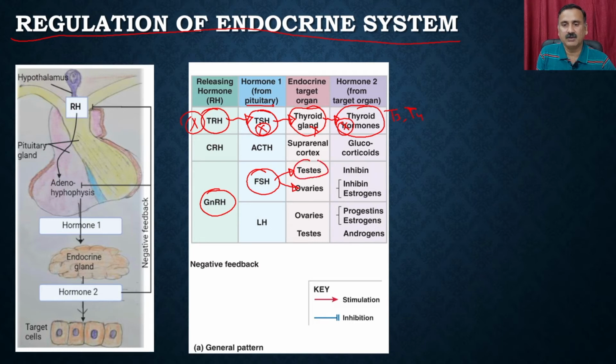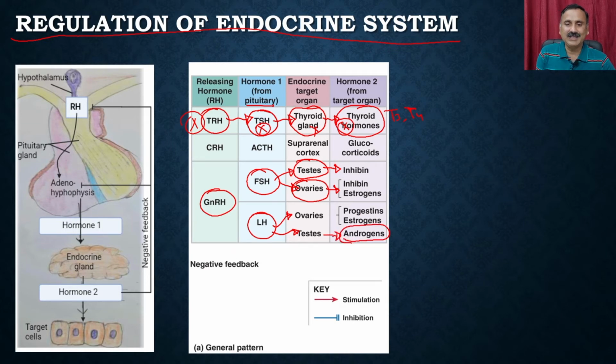It could act on the testes in the case of male, or it may act on the ovaries in the case of the female, and from the testes it is going to secrete the secondary hormones, and that's how it is going to have a role in the reproductive system. Then we have the luteinizing hormone, which is going to have an effect on the testes and ovaries, and that's how you are going to have the production of estrogen as well as progesterone, or in the case of male it is going to have the production of androgen.